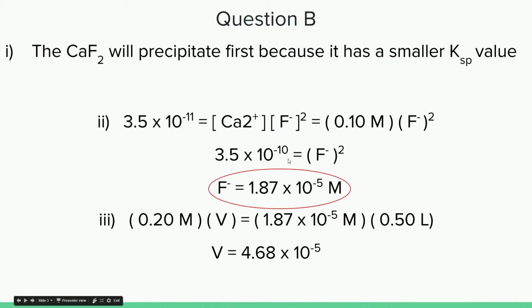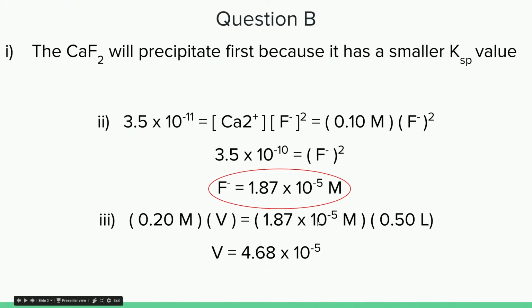And the third part asks us to calculate the minimum volume of 0.20 molarity NaF that must be added to the beaker to initiate precipitation of the selected salt. And to do this, we can use the equation M1V1 equals M2V2. And in the description, it gives us the initial concentration, which is 0.2 molarity, but it does not give us the initial volume.